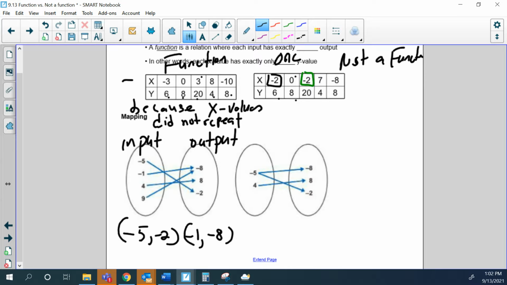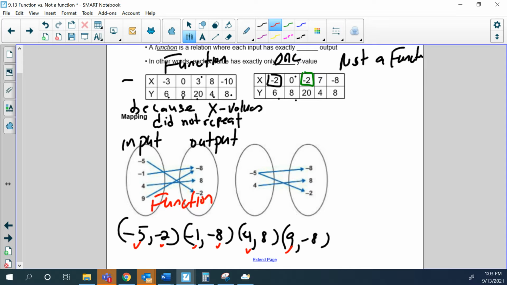For the 4, we have an 8. And for the 9, we have a -8. Look at it now: for each x value, we have one y value. In other words, the x values do not repeat themselves, and so this is a function.